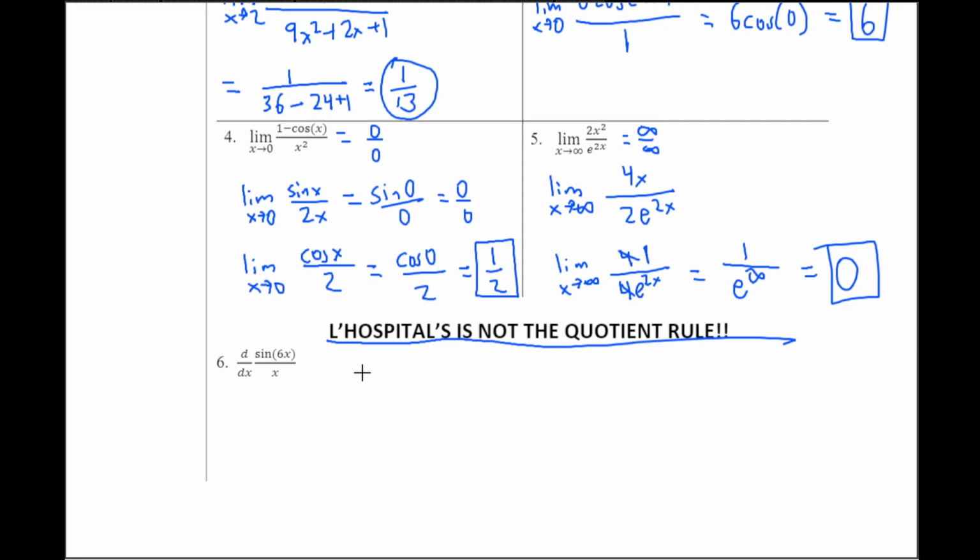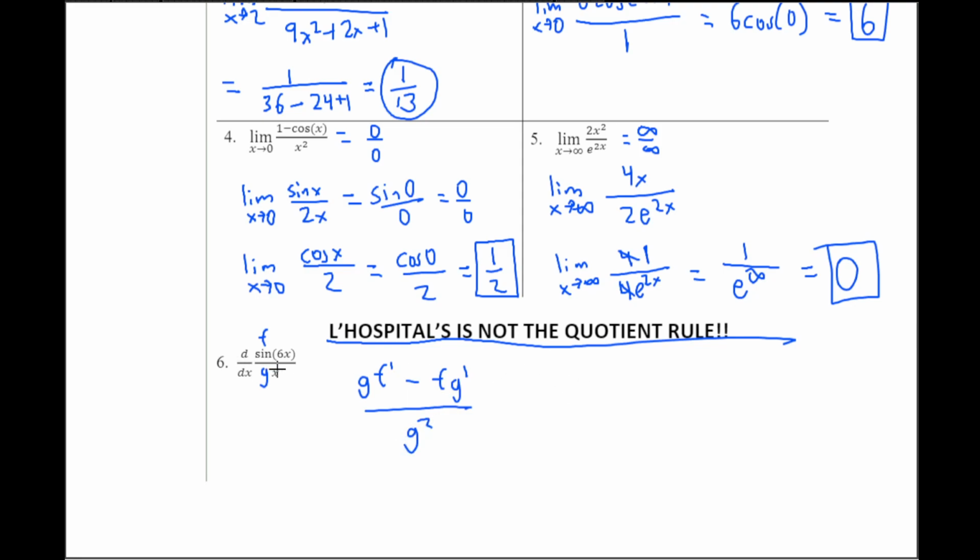And if you remember, the quotient rule is low d high minus high d low over low low. So if the top function is f and the bottom is g, it's low, which is the g, d high, the derivative of the top, minus high, d low, over low low.